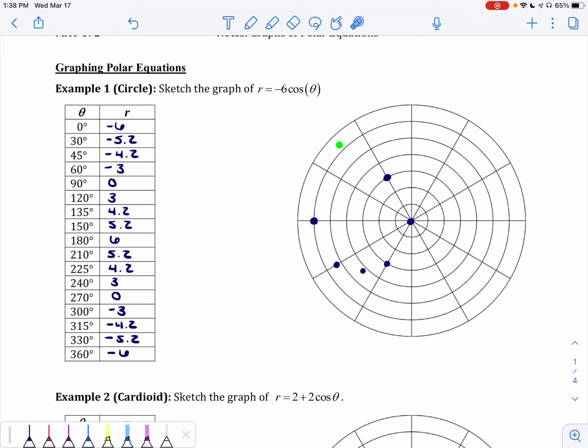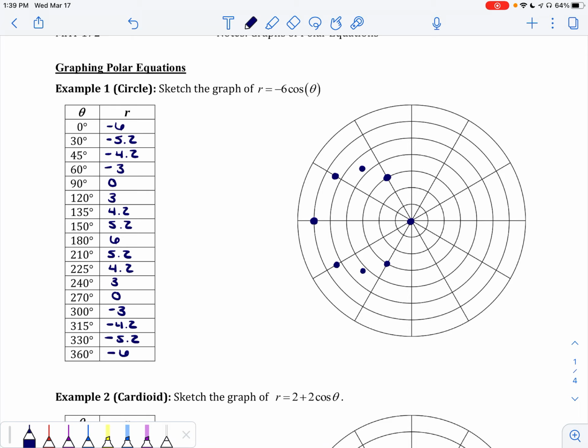Positive radius means we stay in that quadrant, and we go out 1, 2, 3, 4.2. Right around there. All right, then we have 150 degrees with a radius of 5.2. That'll be right around here.